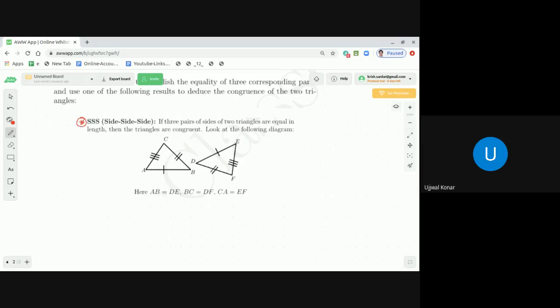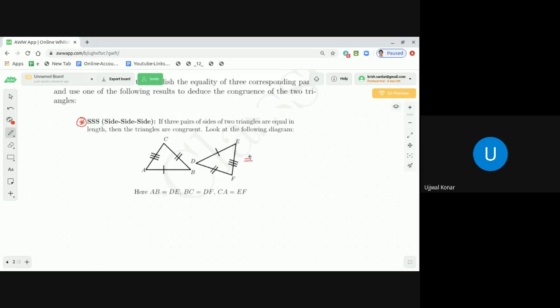A minute back I said there are 6 parts, 3 angles and 3 sides. Now just by measuring the 3 pairs of sides, we are concluding that these two triangles are congruent to each other. We need not explore whether the angles are equal or not. They have to be equal. If the corresponding sides are equal, then the corresponding angles have to be equal for a triangle.